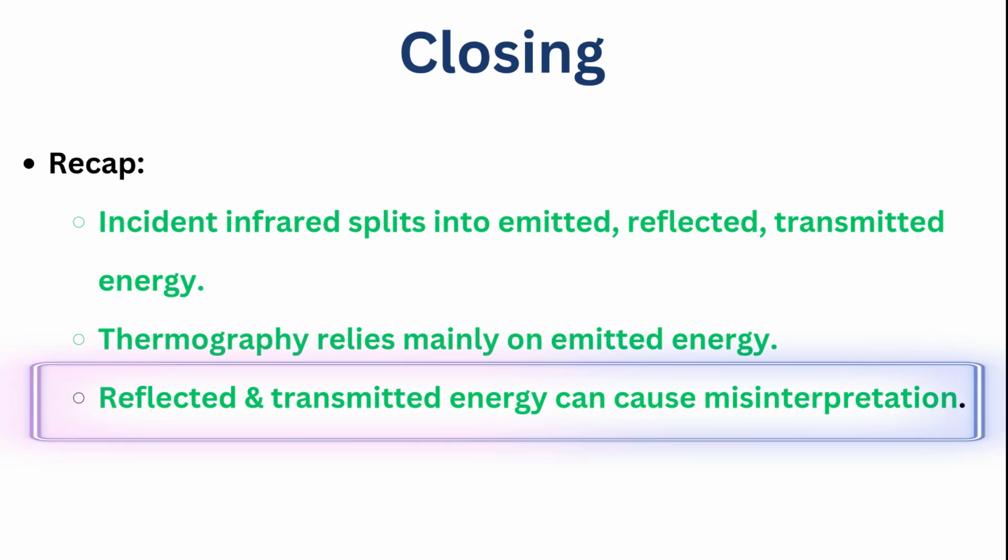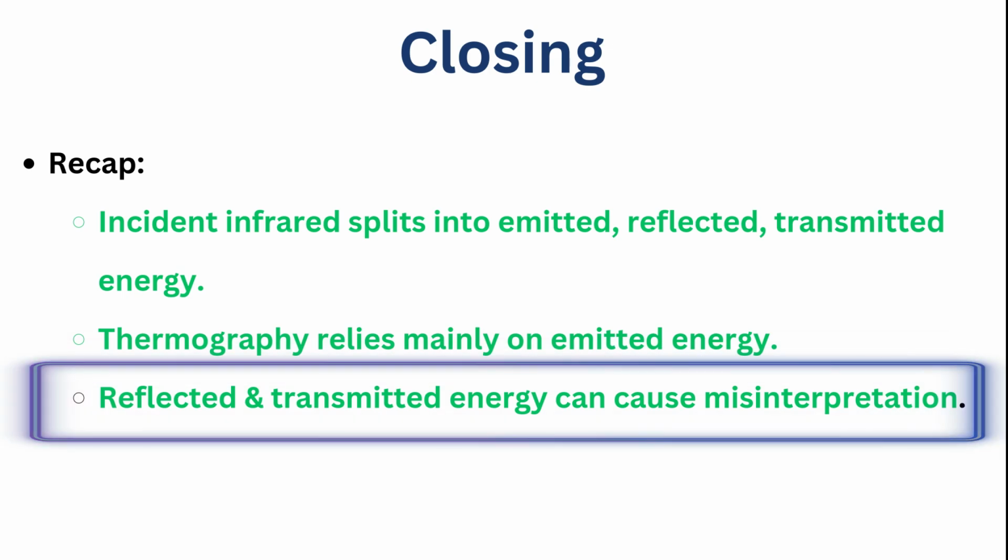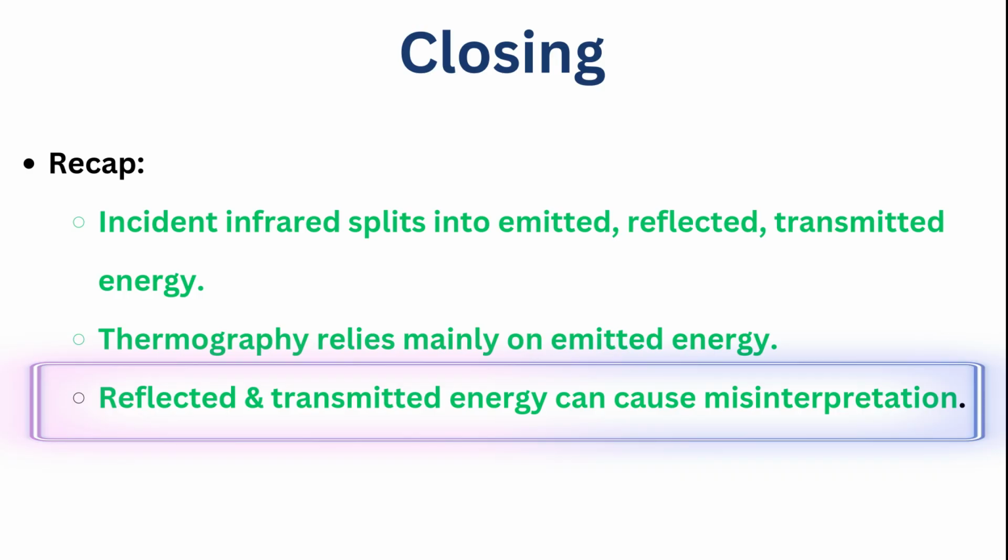And we have discussed how to avoid this reflection and transmission. Last, since emissivity and reflected temperature are very important to know for any material, it's always important to know the material properties before initiating the thermography process.